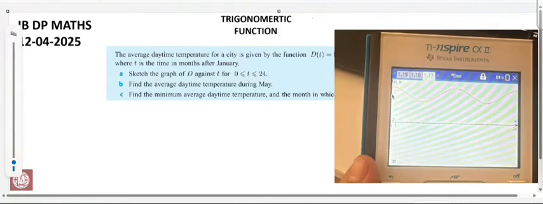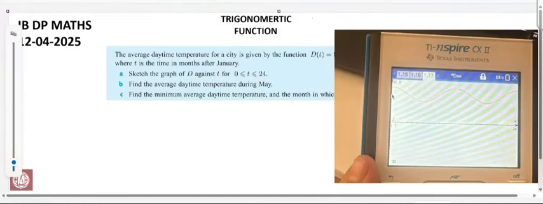That means when we have February, T will be 1. March, T will be 2. April, T is 3. And May, T is 4.